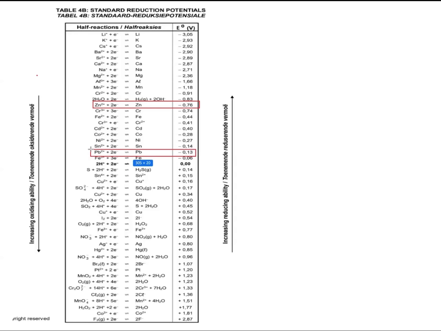Comparing the two here, we can see that zinc is a stronger reducing agent than Pb.